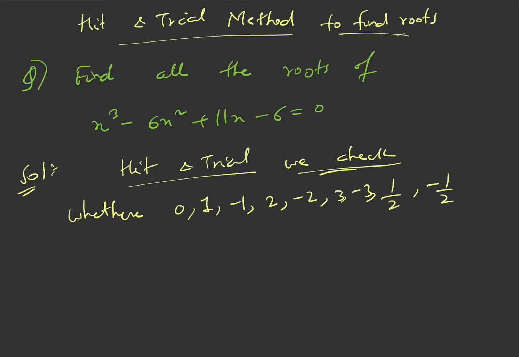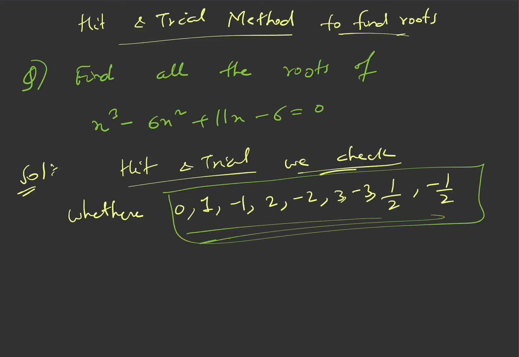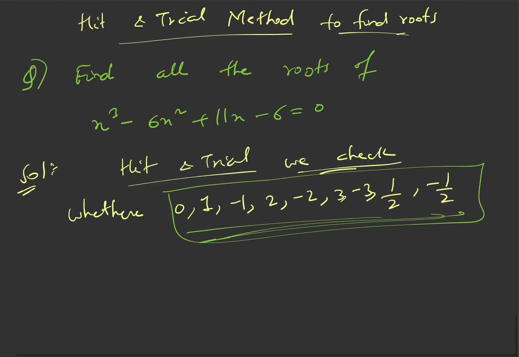And in some rare cases you might also have to check 1 by 2, minus 1 by 2, right? So if you want to solve a cubic equation, then one of these values will be a root, definitely, right? You need to check with one of these values, 0 or plus minus 1, plus minus 2, plus minus 3, half and minus half. Definitely one of the values will work in the question, right?